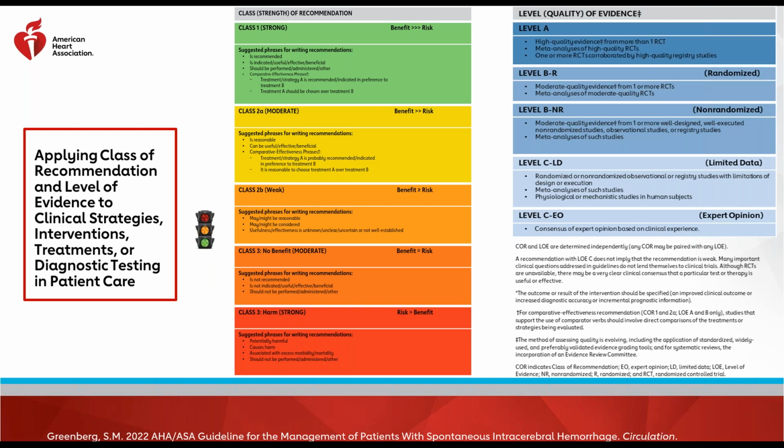You will see that the class of recommendation can go from a class 1, which would be a strong recommendation, all the way to a class 3, categories that would indicate harm. And as far as levels of quality of evidence, they can go from a level A to a level C-EO. The class of recommendation and the level of evidence are really determined independently, but you will oftentimes see them paired when you look at the recommendations.